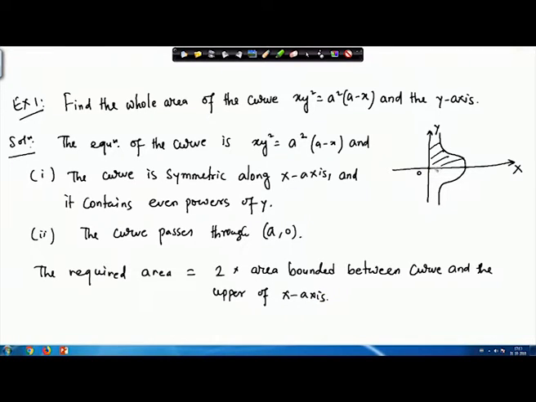So this is this area basically. That's the area bounded between this curve and the upper half of the x axis, and we can calculate this one in the following way.